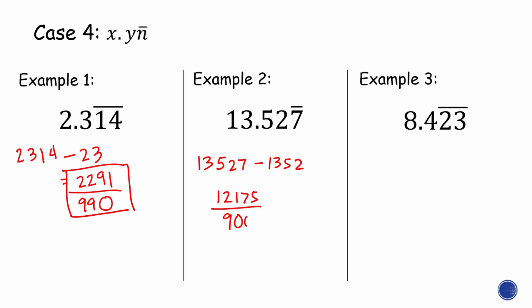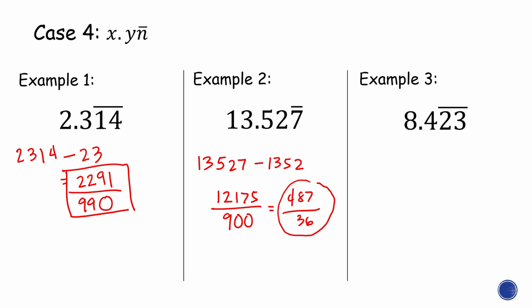There are 2, so 0, 0. I believe we can simplify that. They are both divisible by obviously 25. So 12175 over 900 is the same as 487 over 36.